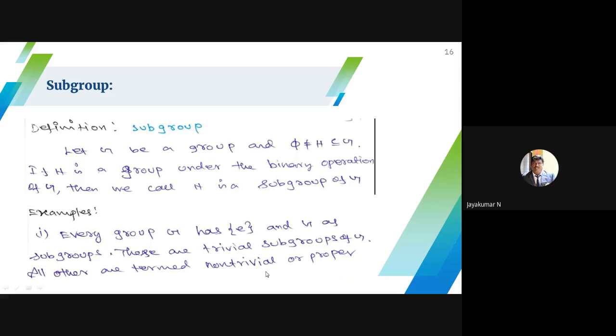These are trivial subgroups of G. All the other ones are called non-trivial or proper subgroups. Each and every group has at least two subgroups. One is the singleton identity element, the other one is itself. Those subgroups are called trivial subgroups. The remaining subgroups are called non-trivial or proper subgroups.